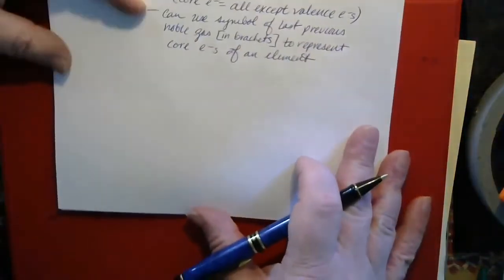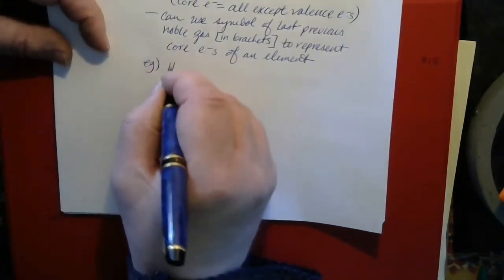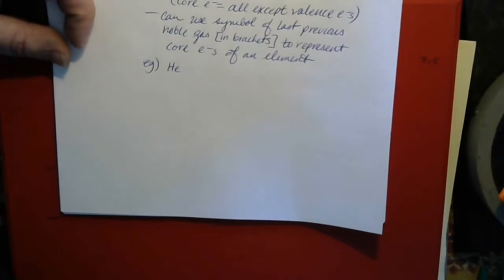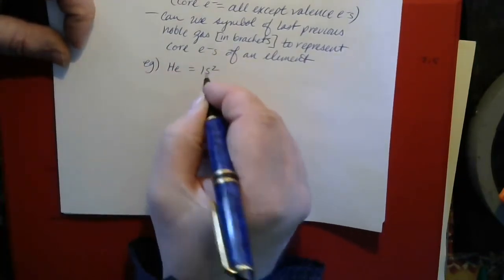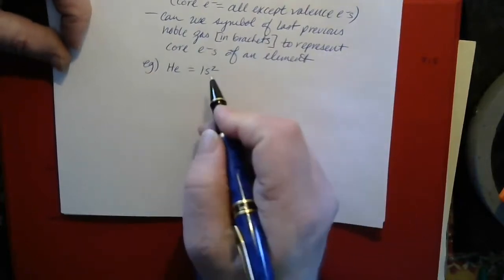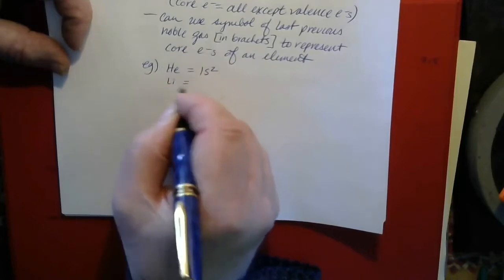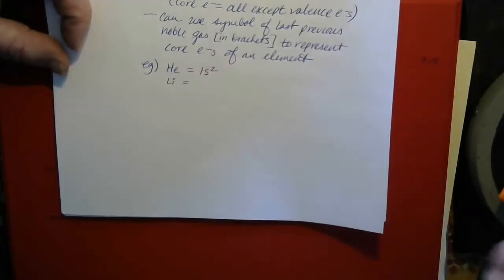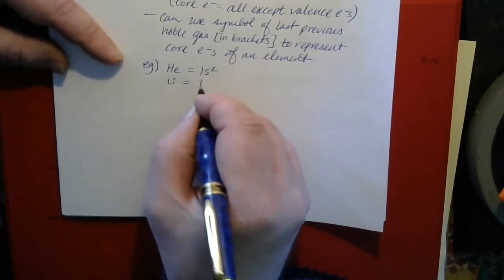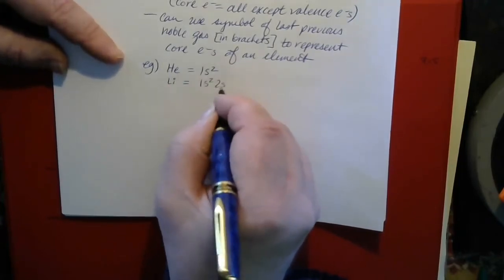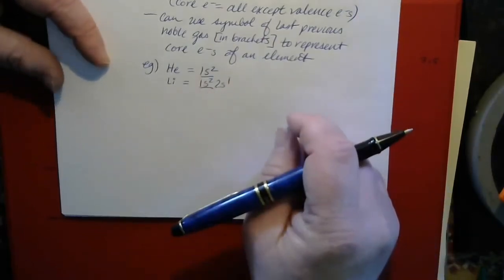So a good example, the simplest case where you could do that, would be to look at the electron configuration of helium. Helium is the second element, it has 2 electrons. Its electron configuration is 1s2. If you look at the next element in terms of atomic number, it's lithium, which has an atomic number of 3, or 3 electrons. Its electron configuration is 1s2, 2s1.